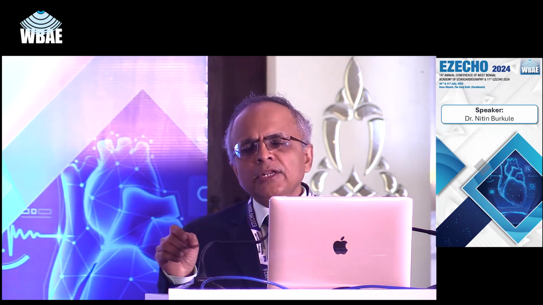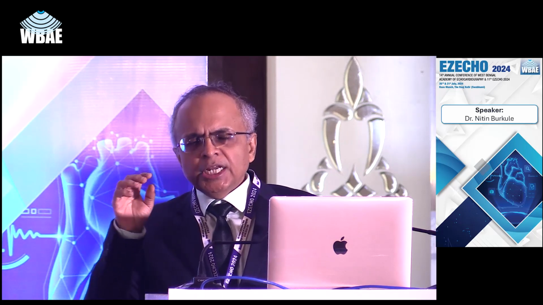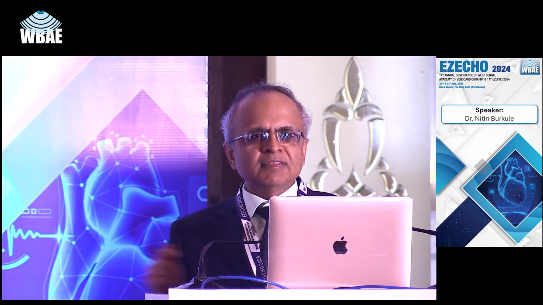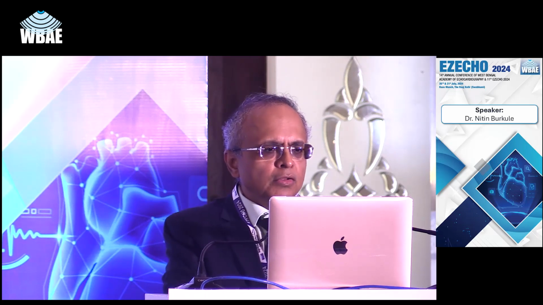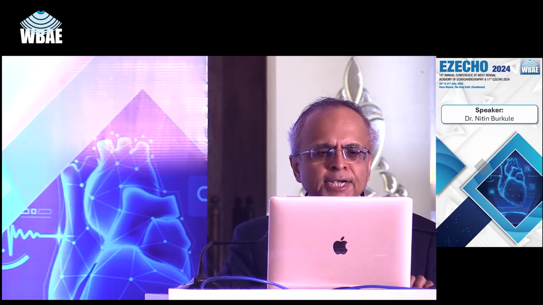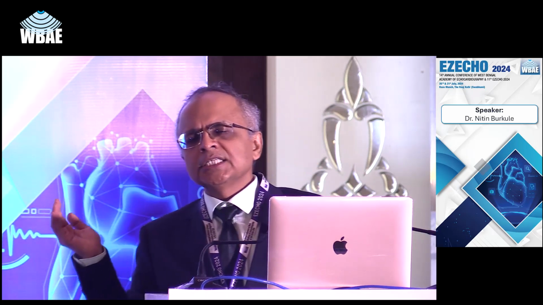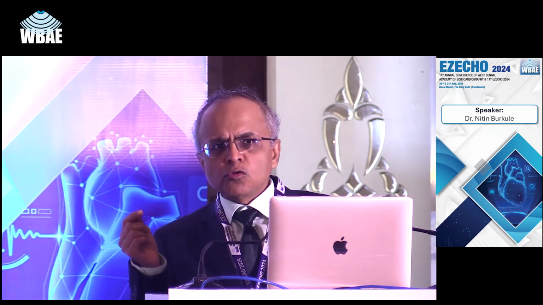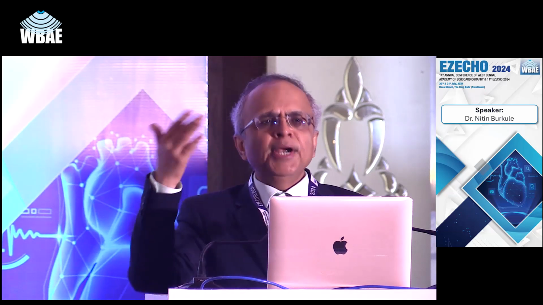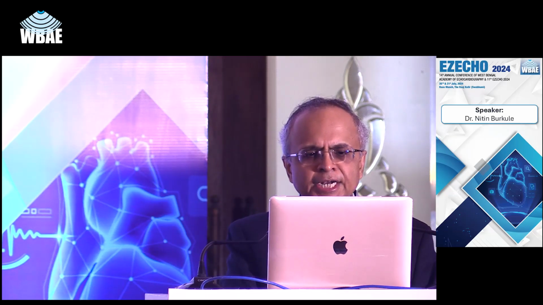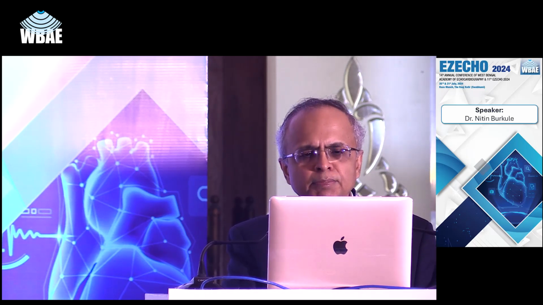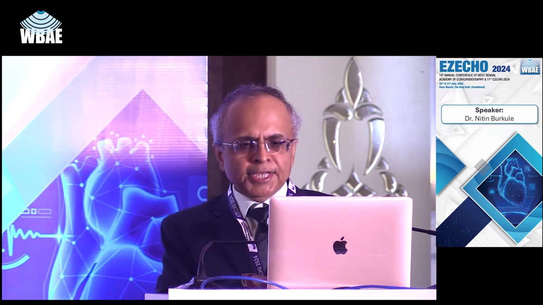The red bars tell you where the GLS is still above 18%, that means minus value less than 18. You would see that the post-operative ejection fraction is much better preserved when your GLS is above 18%. And so also the LV reverse remodeling after MVR is much better when your GLS is above 18%, as compared to those where the GLS was less than 18%, shown by the green line.